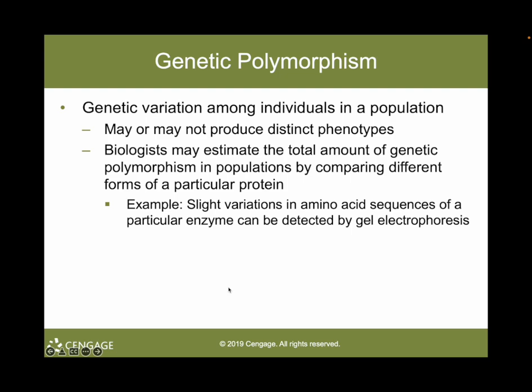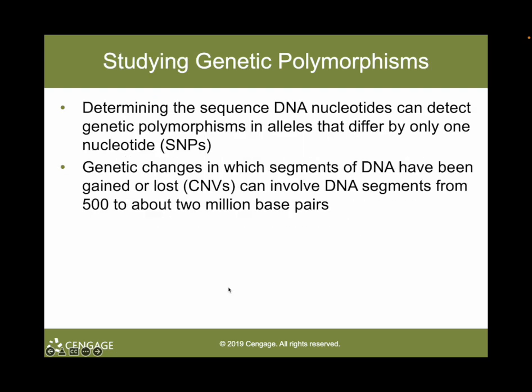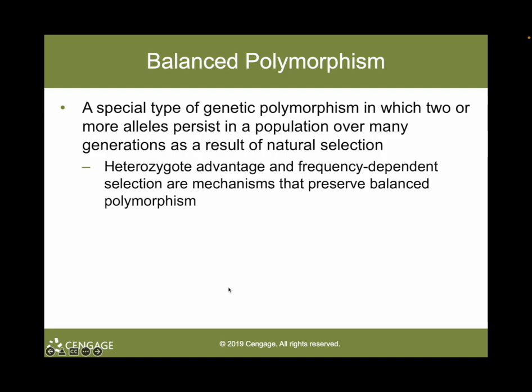Genetic variation among individuals in a population may or may not produce distinct phenotypes. As I get to this, I'll go to a balanced polymorphism. It's a special type of genetic polymorphism in which two or more alleles persist in a population over many generations as a result of natural selection. Heterozygote advantage and frequency-dependent selection are mechanisms that preserve balanced polymorphism.